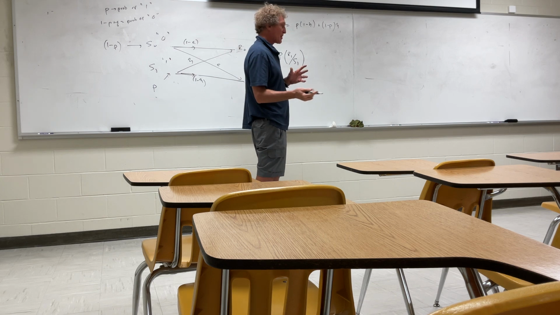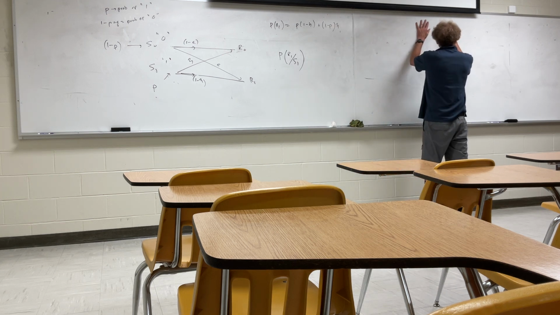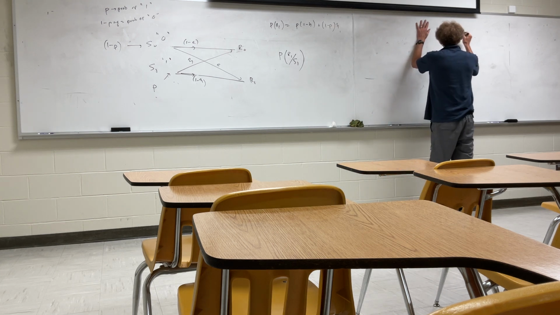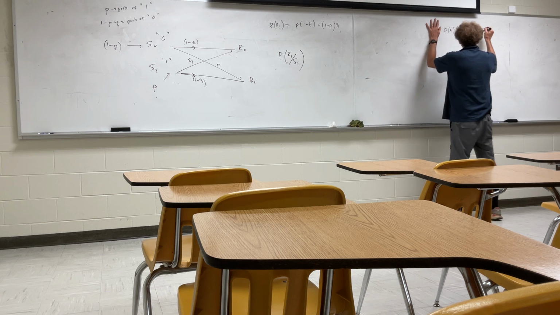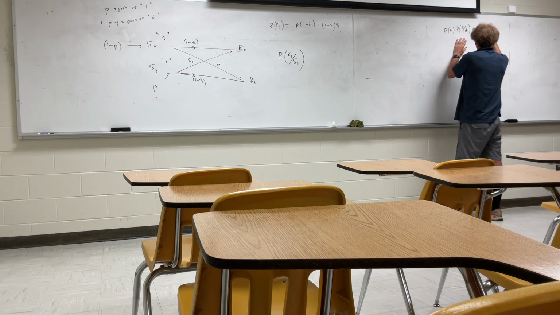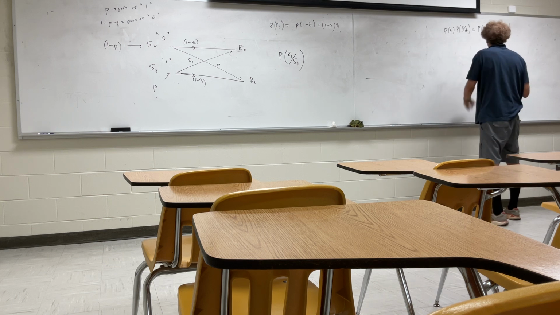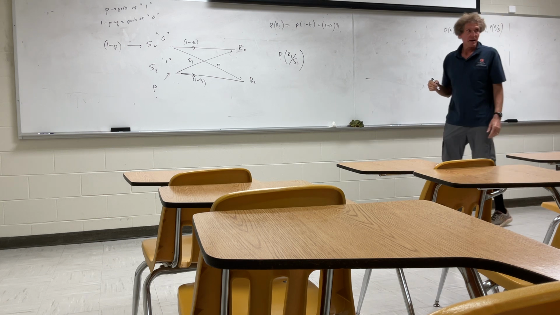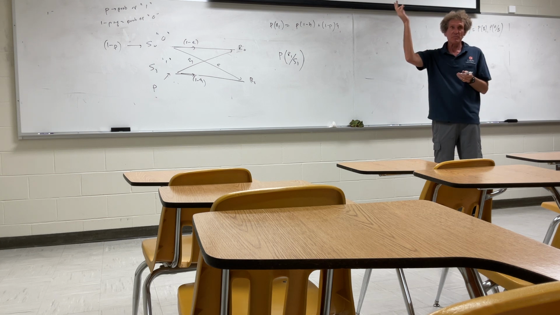So think about what I wrote up there, where I had P of A times the probability of B given A is equal to the probability of B times the probability of A given B. Remember that? How many basically remember me putting this up there?